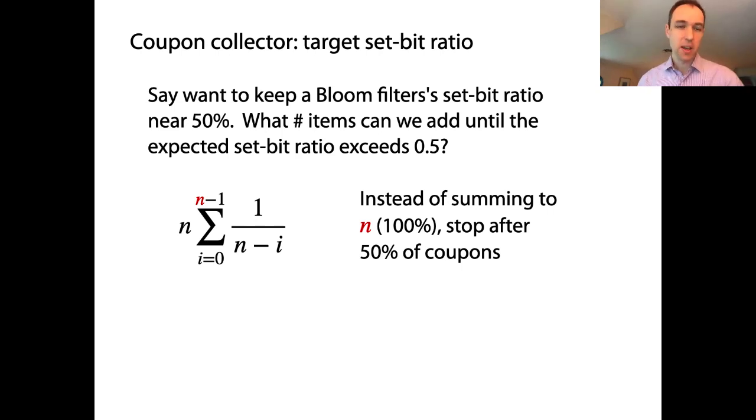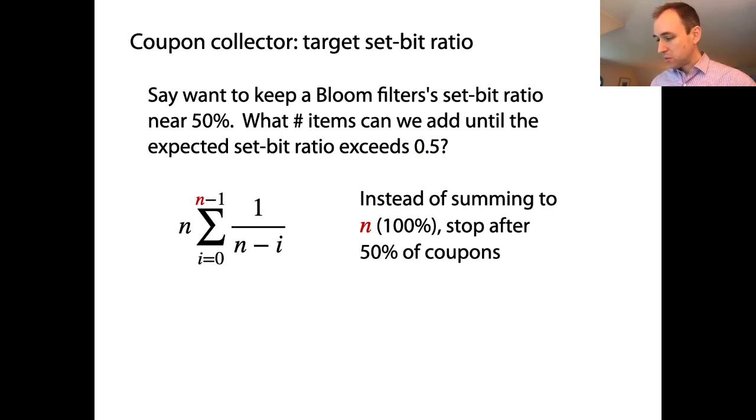And we have n and we have k, so we sort of know how many things are going to get added to the Bloom filter. We know how many coupons there are. So what's the number of items that we would add until the expected set bit ratio became 0.5? This is a coupon collector style problem, but instead of collecting them all, we're asking about collecting half. When are half the bits set?